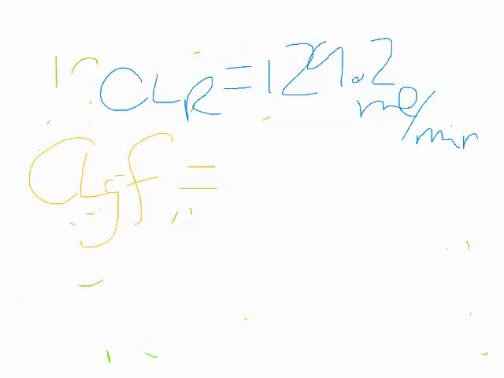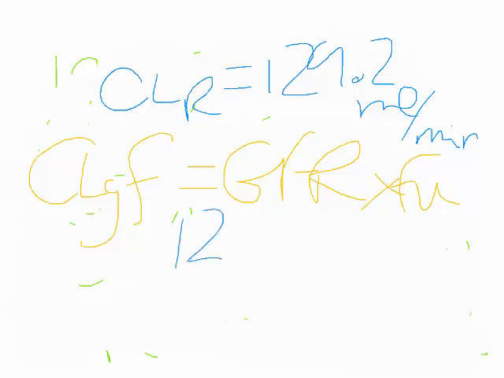Well, our filtration clearance is equal to GFR times our fraction unbound. GFR is standardly 125 mils per minute.